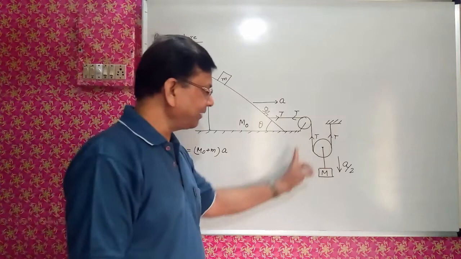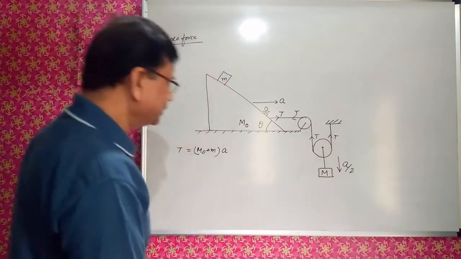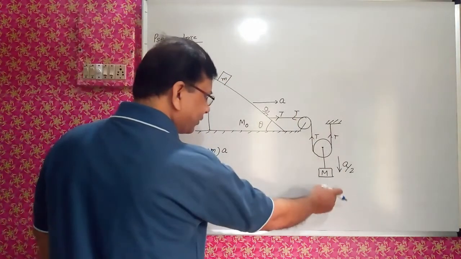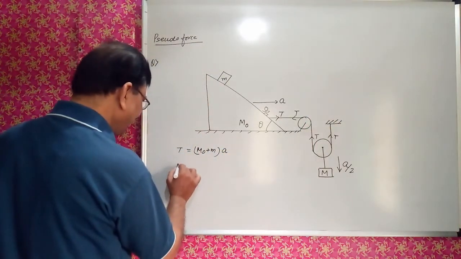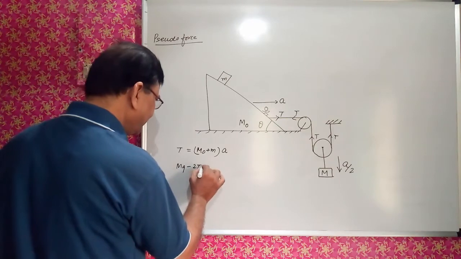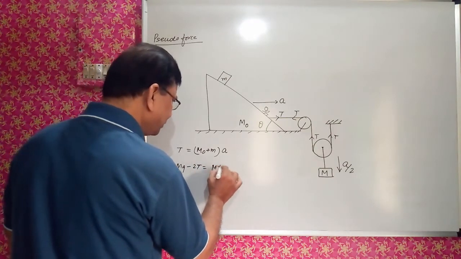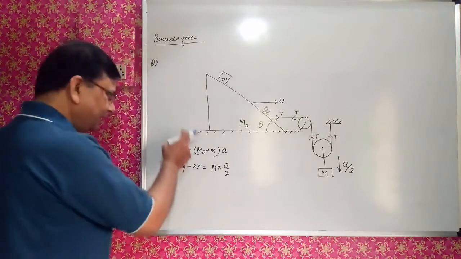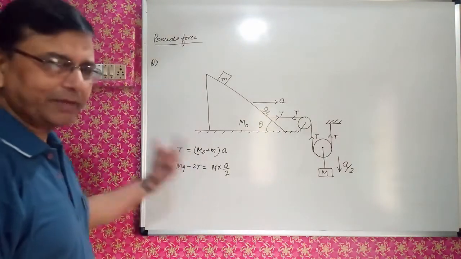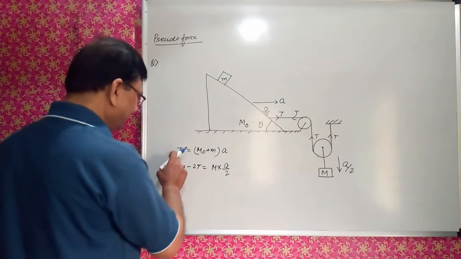Similarly, if we are making the FBD for this, we will say it is coming downward. So mg minus 2T is equal to m into acceleration A by 2. Acceleration of this is A by 2. So with these two, we can find the value of A first, right?